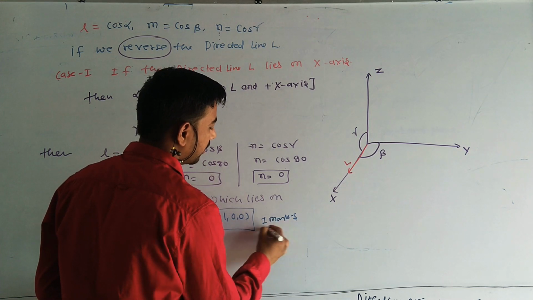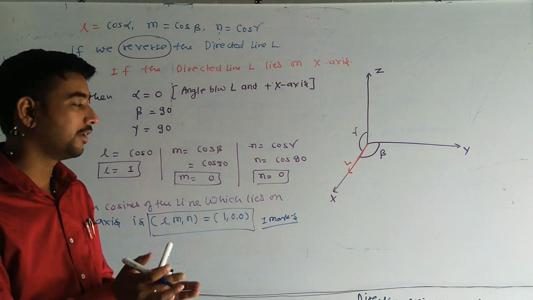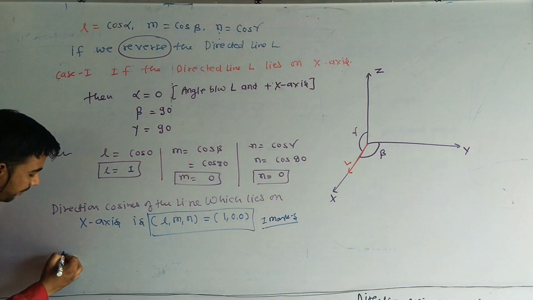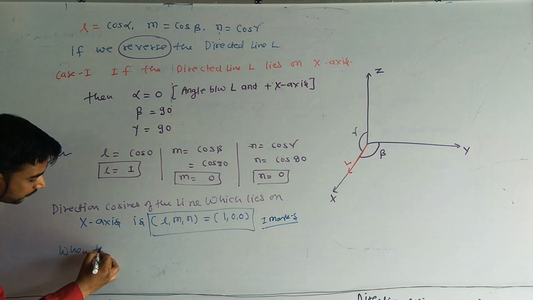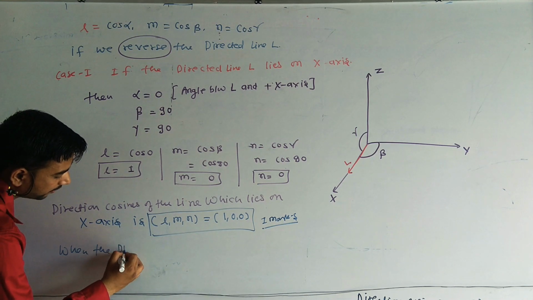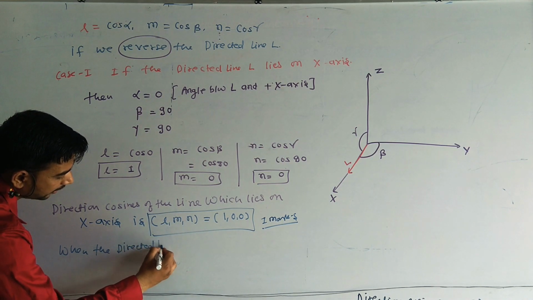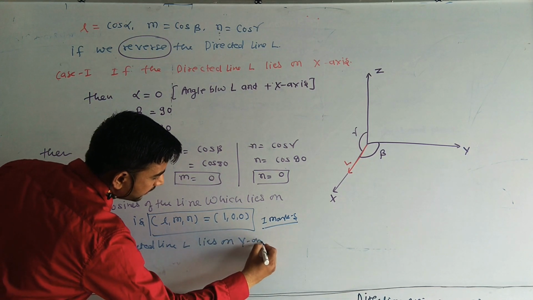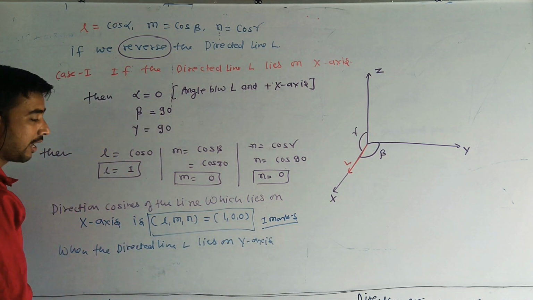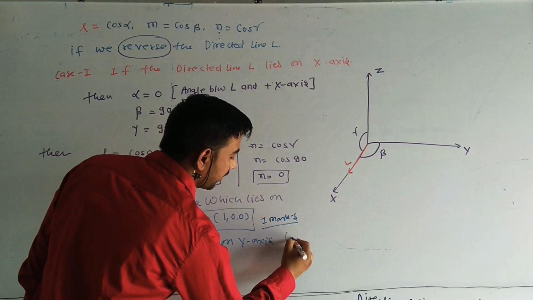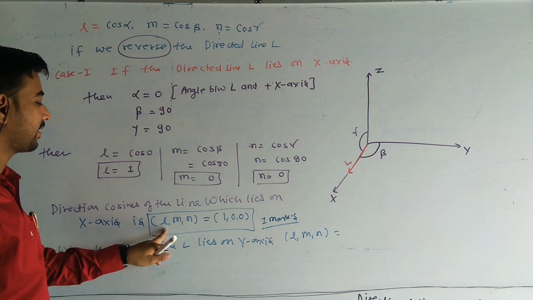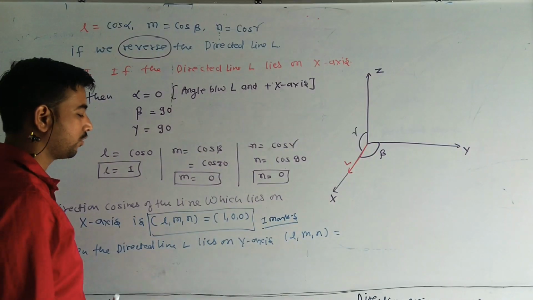When your line lies on the x-axis, similarly we can find the case when the directed line L lies on the y-axis. Then what is the value of L, M, N? Here, if it lies on the x-axis, its value is 1, 0, 0.